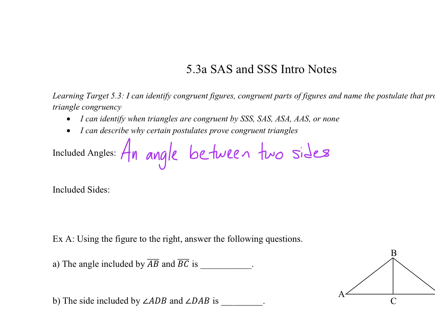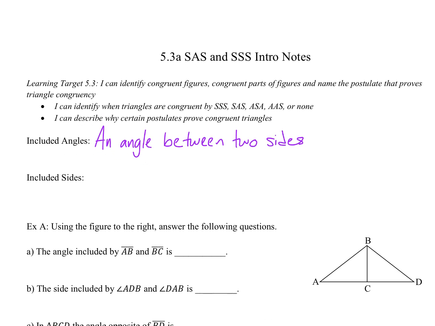So let's draw an example of this out to the side here. If I have a little triangle and I know these two sides are congruent, we've got an isosceles triangle, then the included angle is the one between them.